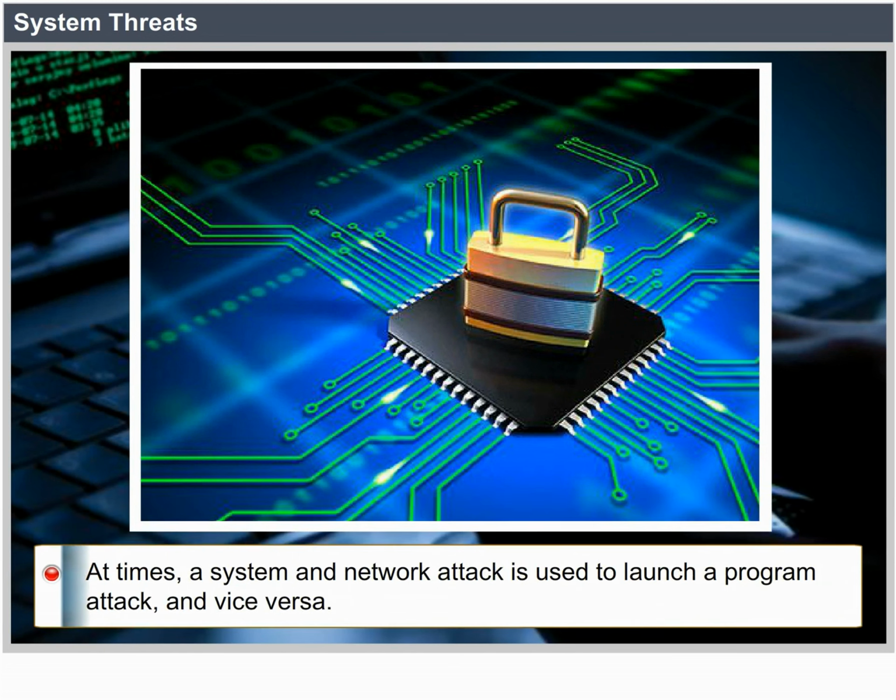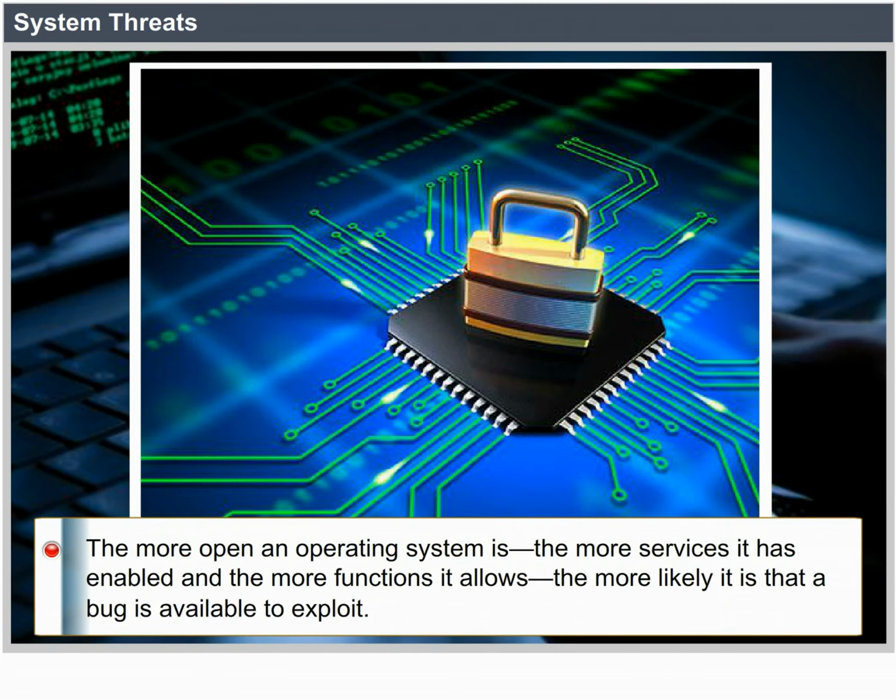The more open an operating system is, the more services it has enabled and the more functions it allows, the more likely it is that a bug is available to exploit. Increasingly, operating systems strive to be secure by default.